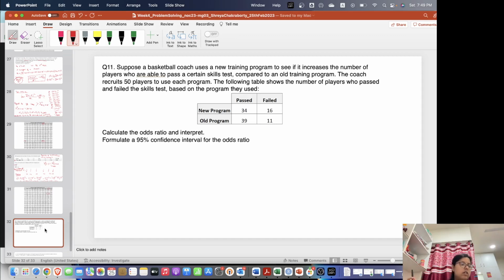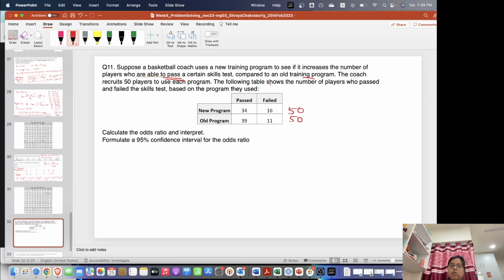Now suppose we have a basketball coach who uses a new training program to see if it increases the number of players who are able to pass a certain skills test compared to an old training program. He recruits 50 players to each program, so this sum are 50.